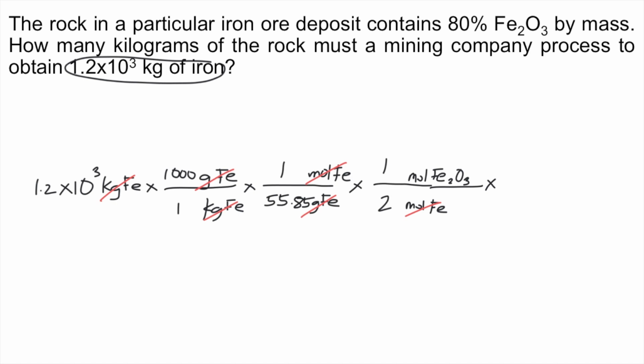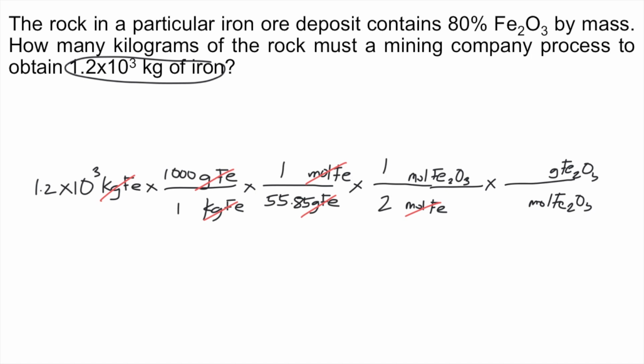Next, we will now convert moles of Fe2O3 into grams of Fe2O3. So we will now use the molar mass of Fe2O3.